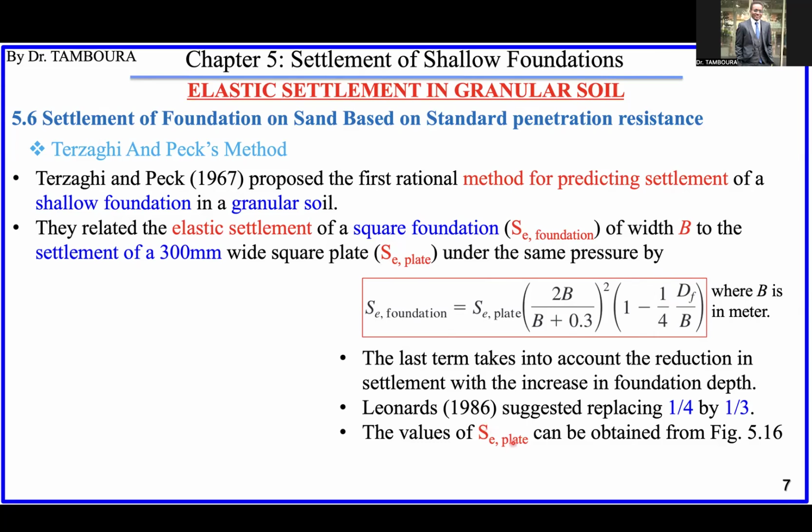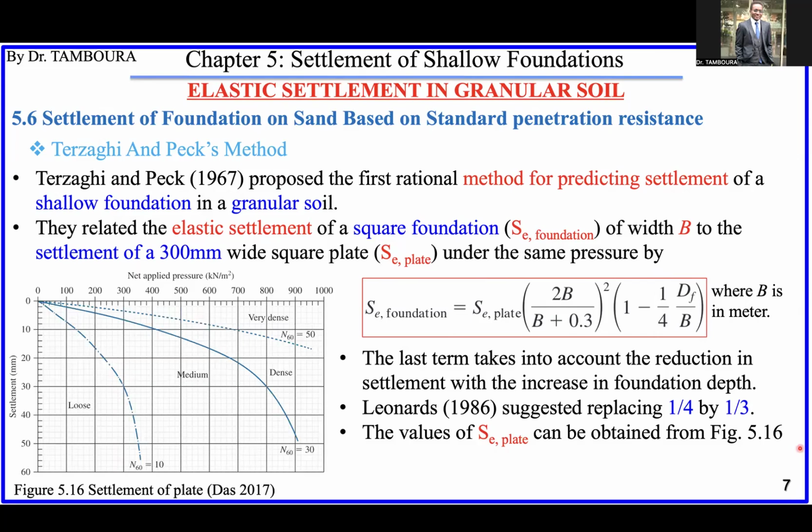The value of settlement of the plate, SE plate, we can obtain from this graph, this design chart. From this you can obtain the value of settlement.